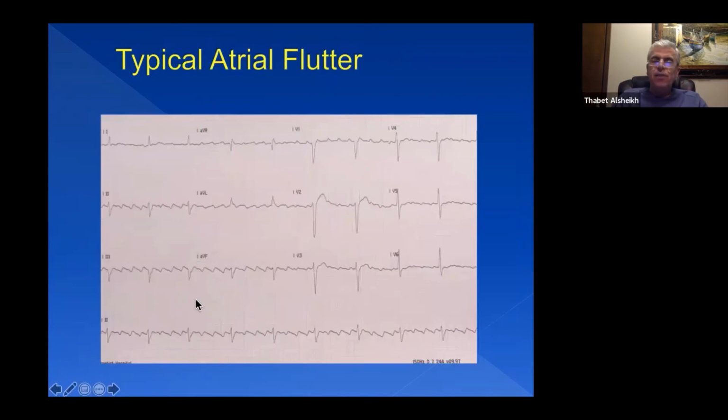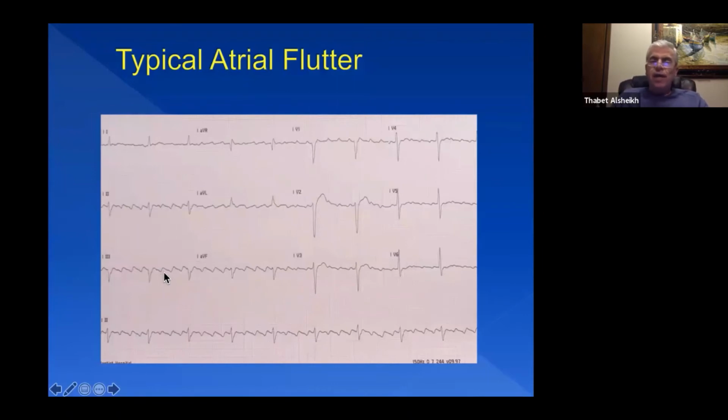And that is the typical 12-lead ECG of that flutter, where you see the sawtooth appearance in the inferior leads, negative flutter waves in inferior leads, positive flutter waves in V1. That's typical of counterclockwise atrial flutter.